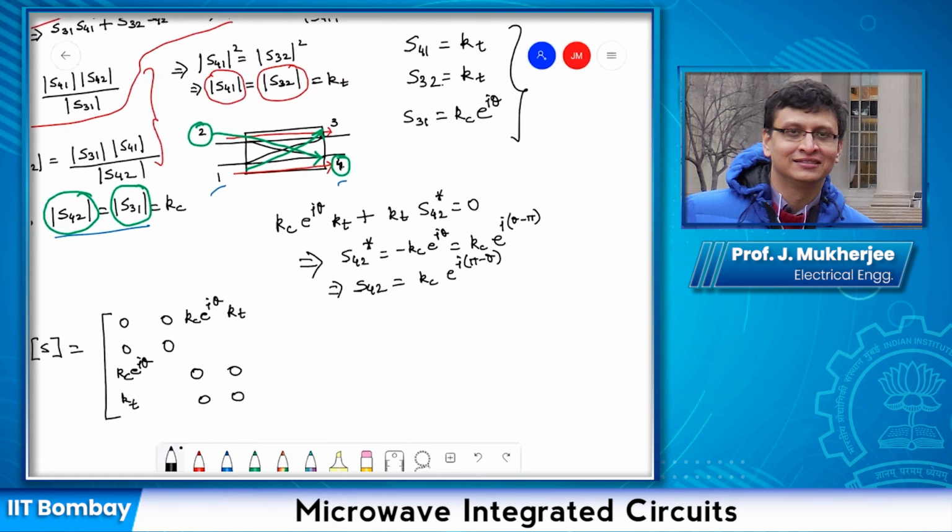S32 is equal to Kt, and S42 is equal to Kc e raised to j phi minus theta, like this.